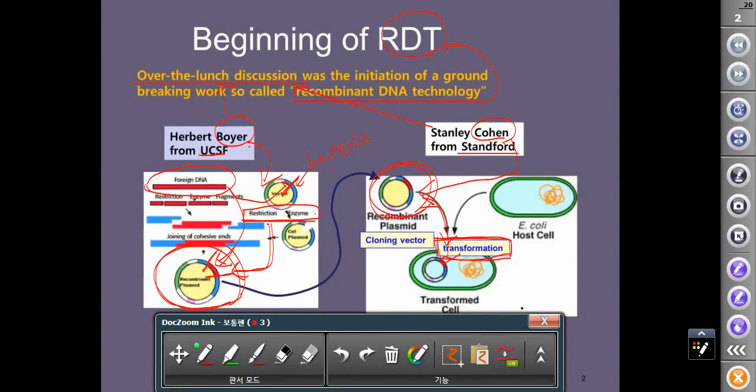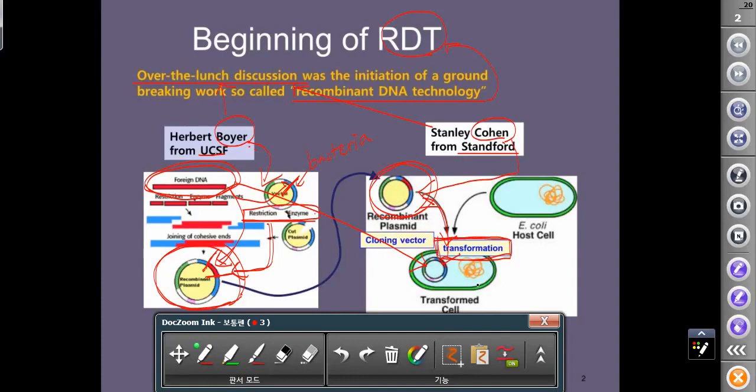So why is it so important, this RDT? Because you can produce any gene that you want in bacteria, which is a cheap source.